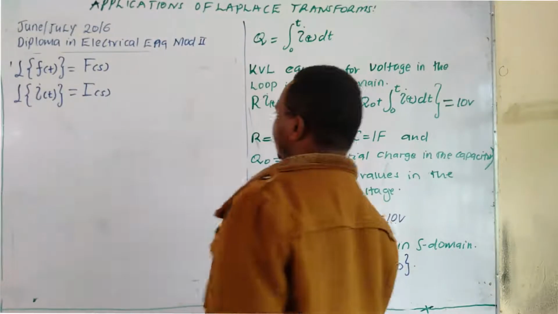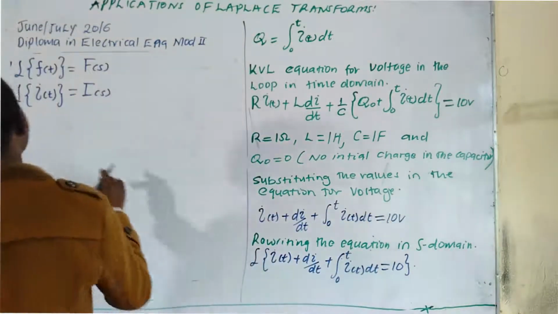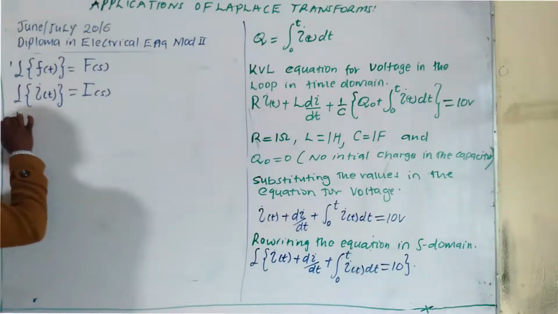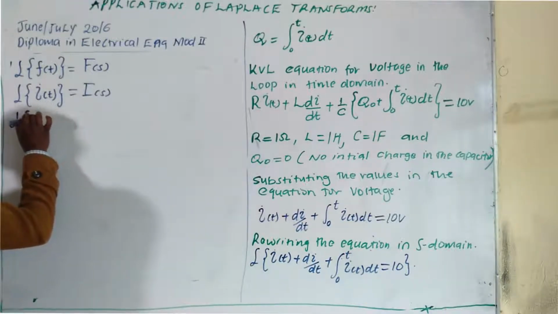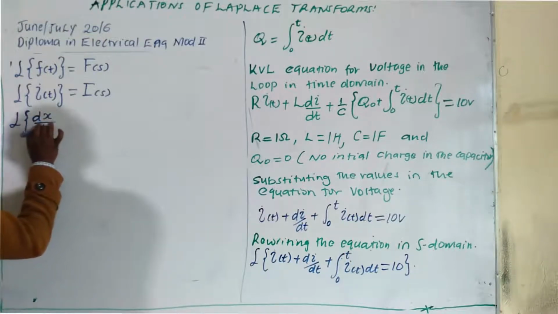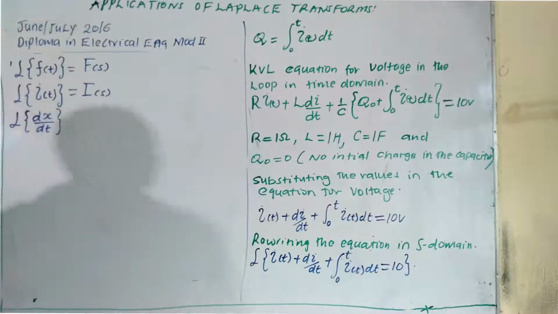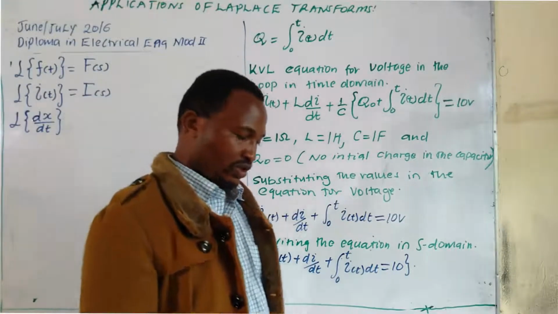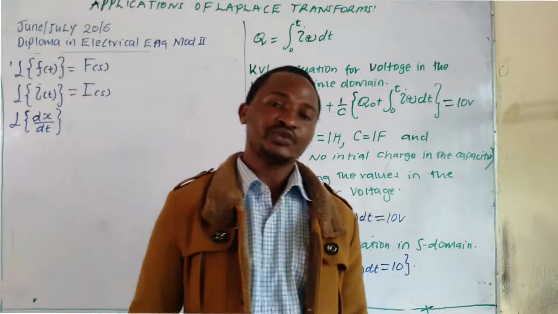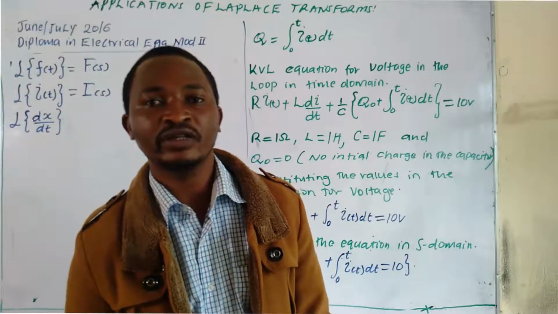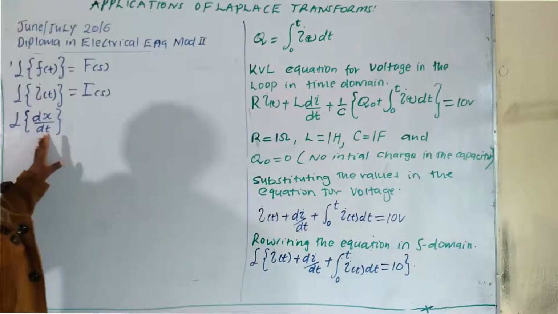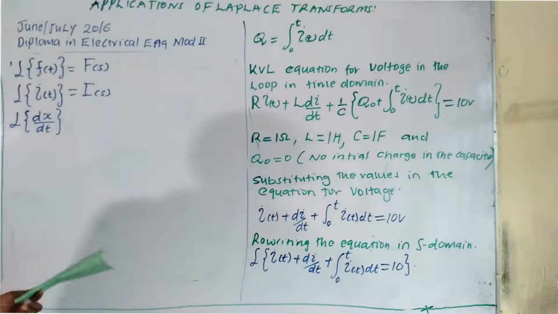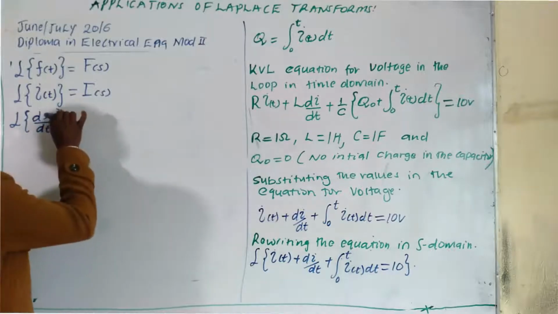So here, the Laplace transform of the derivative dx/dt, as we said earlier. There is a video on the solution of differential equations using the Laplace transform method. If you have not watched it, watch it on the link shown here, and you will see how we came by this equation.